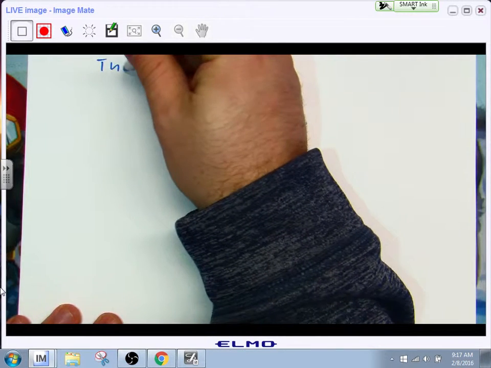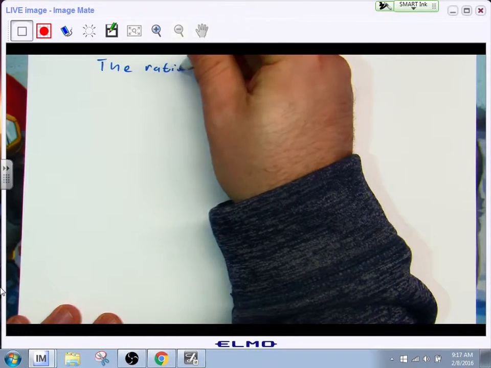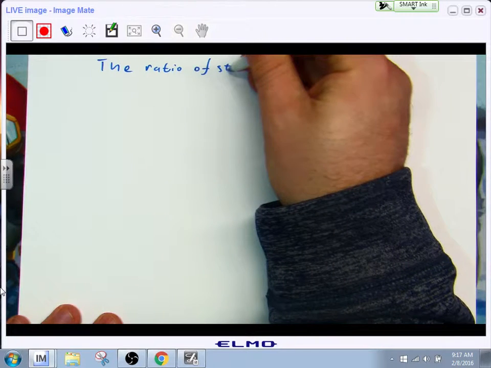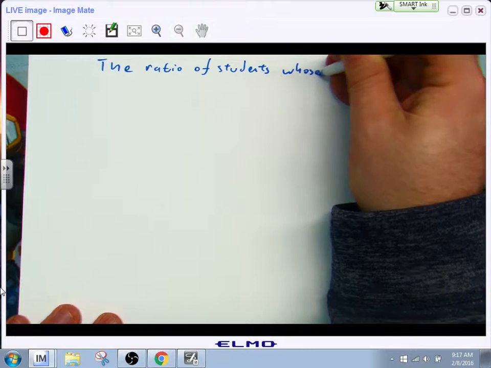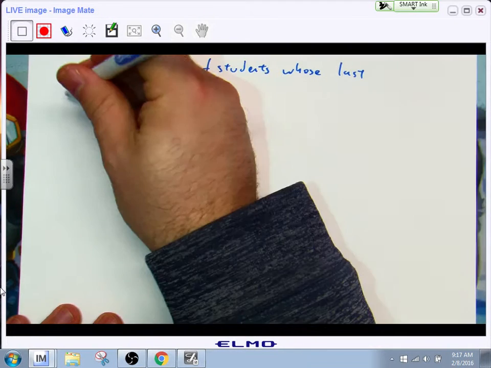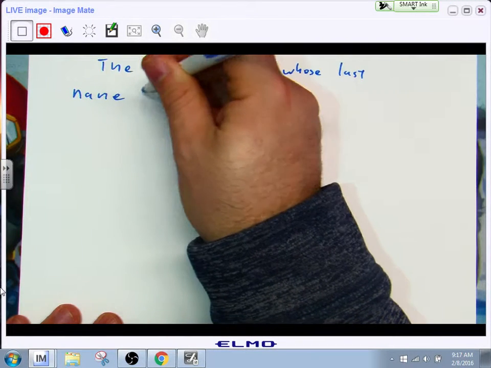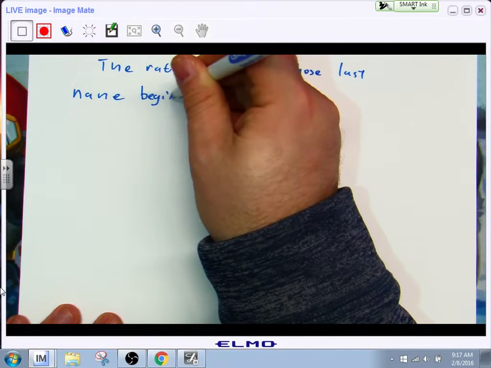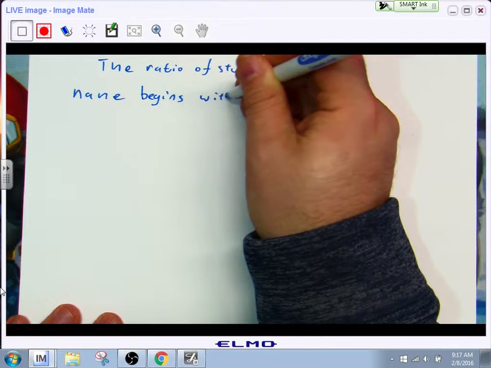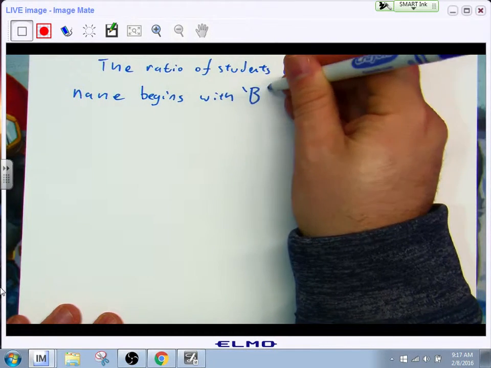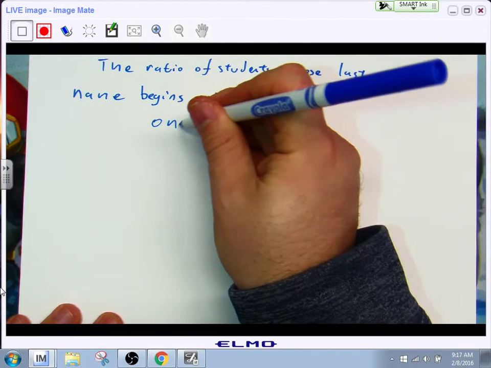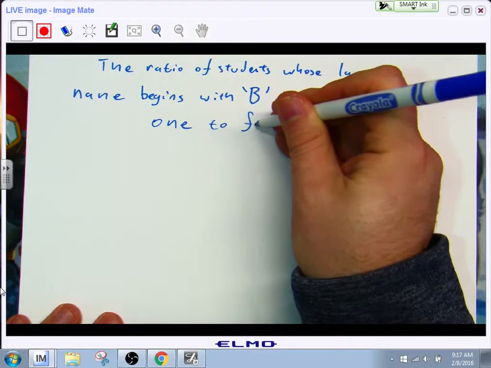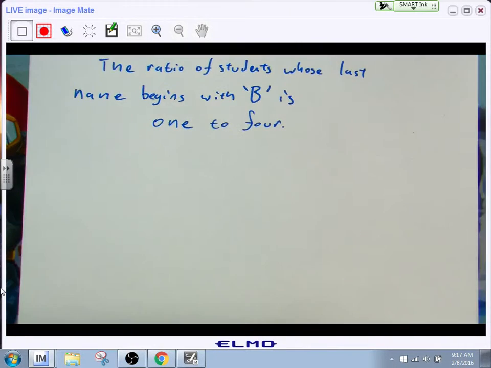So the ratio of students whose last name begins with B is 1 to 4. Okay?